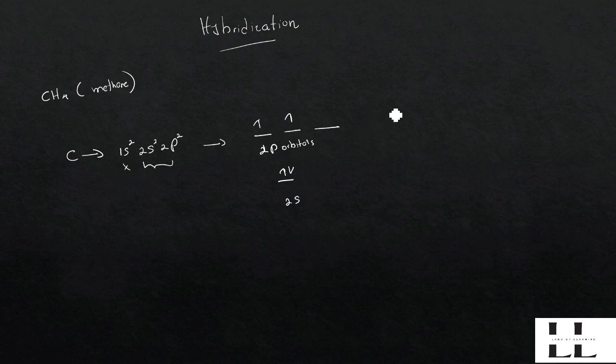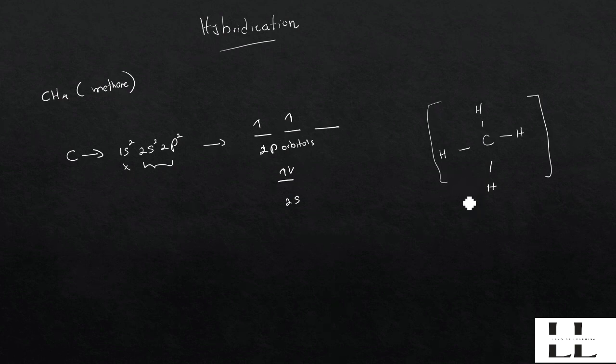When it bonds with 4 hydrogen atoms like this, 2, 3 and 4, the experimental data suggests that all these 4 bonds must be equal. That is a fact that has been found using experimental facts.